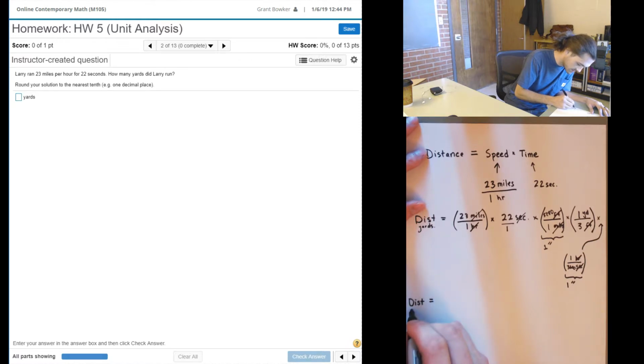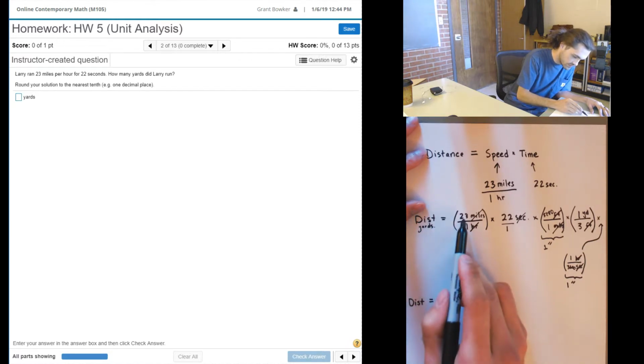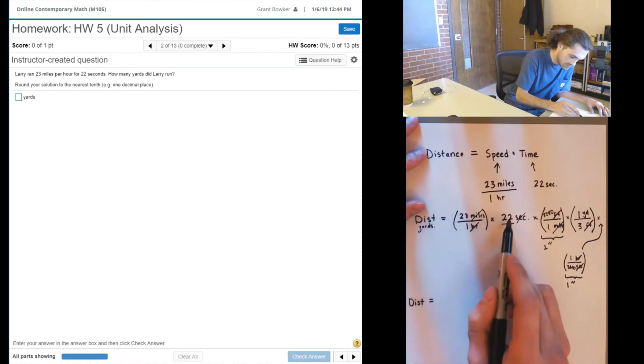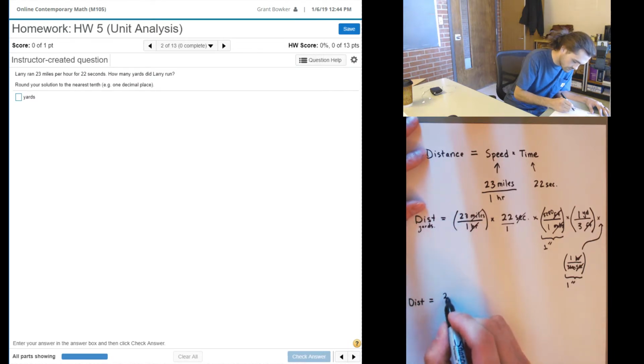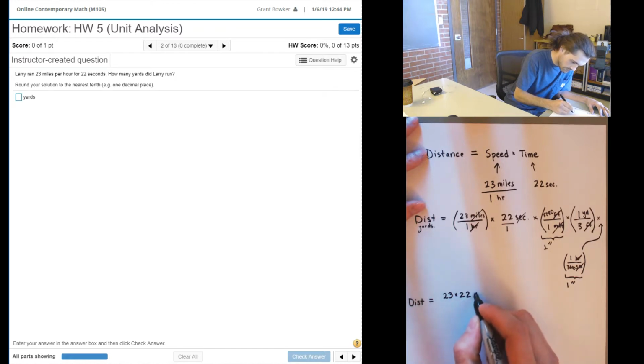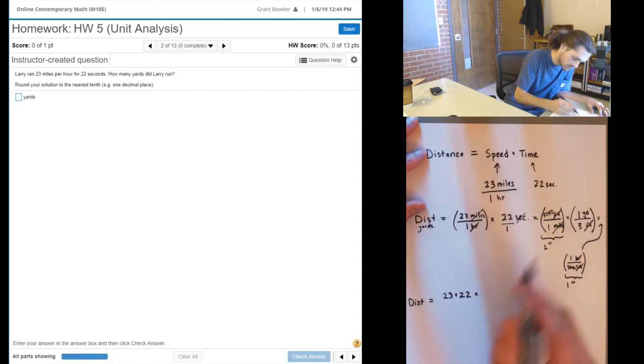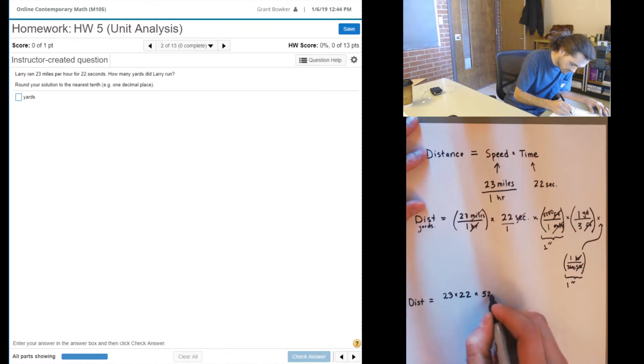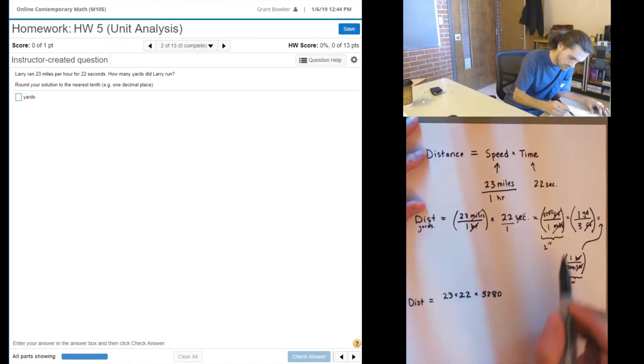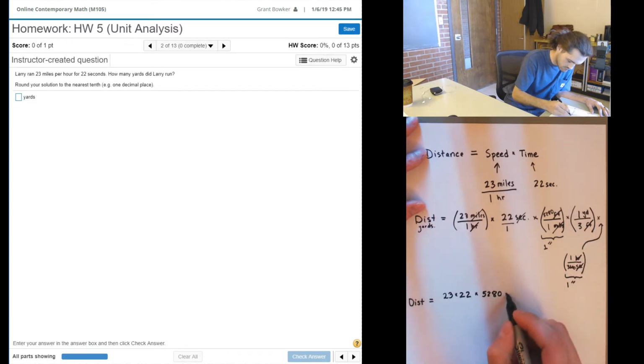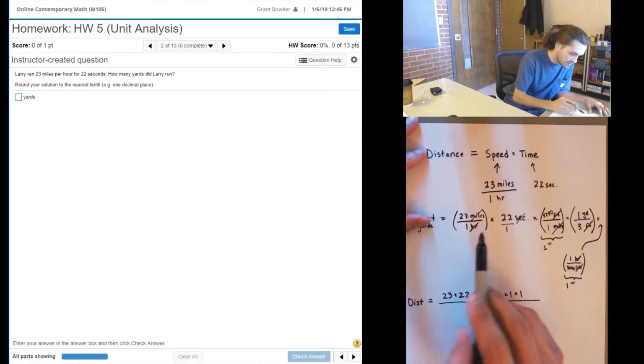Distance equals 23 times 22 times 5,280 times 1 times 1, units upstairs.